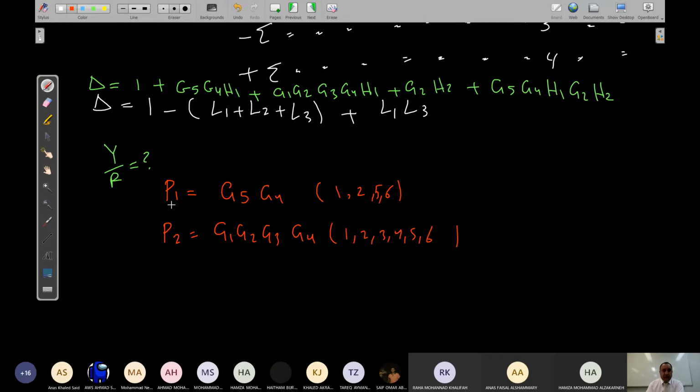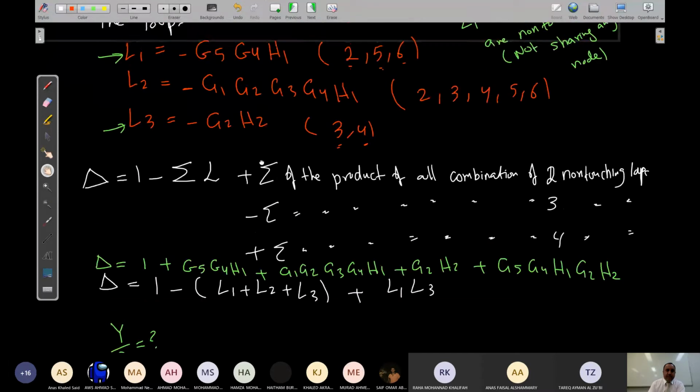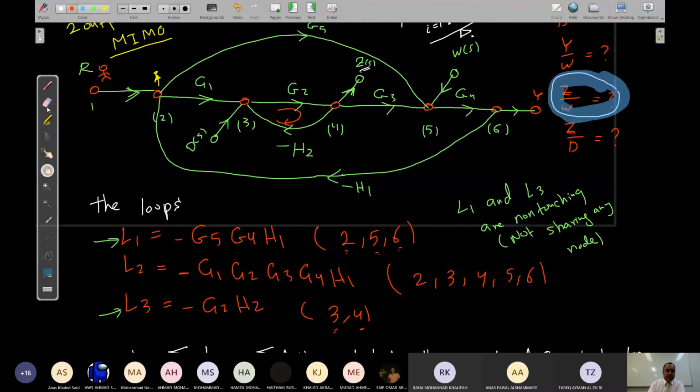Now, is the path touching the loops? Does the path P1 touch all the loops?